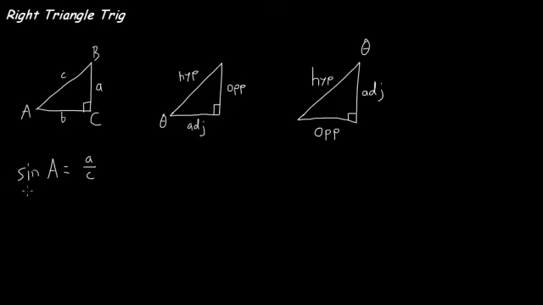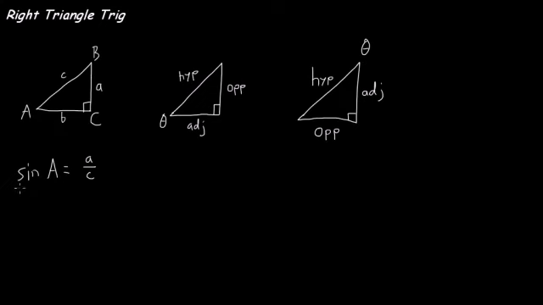And these trig functions work the same as other functions, like x squared. If you take 4 squared, you get 16. So it's just some operation on the value you put in, and this is a way to calculate it.